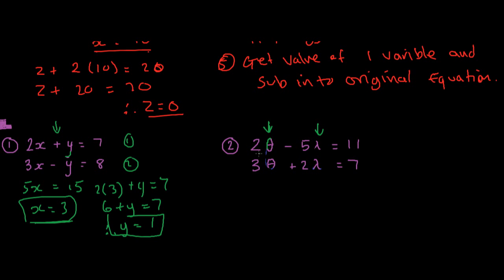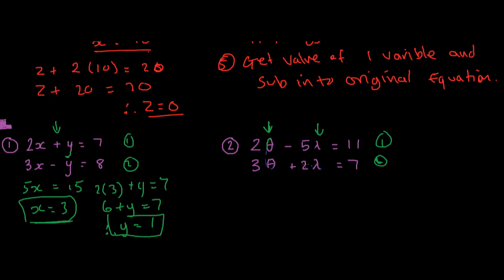Sometimes you see theta for angles. But anyway, number equations, that's 1 and 2. And then you check whether the variables are the same, which they are not, so we're going to have to make them the same.